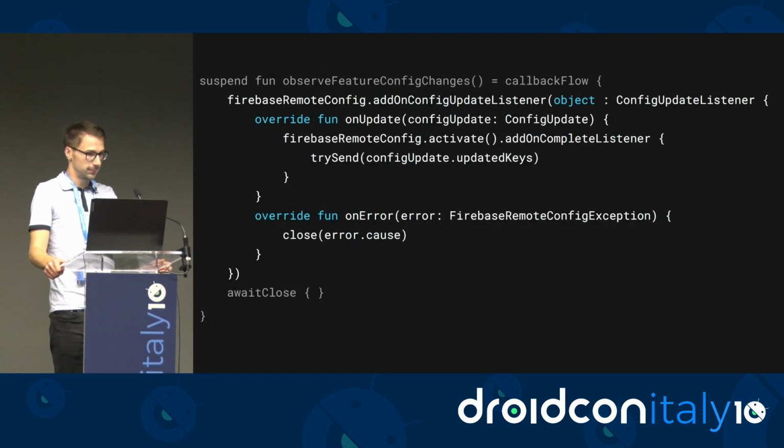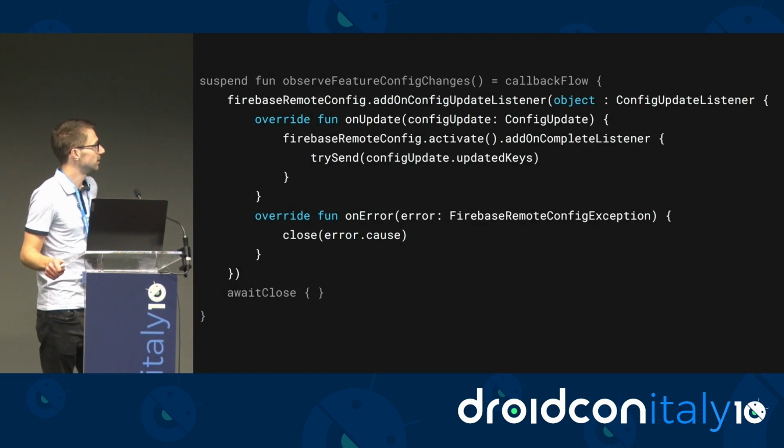So how do you do that? Again, you have this function inside your feature checker class, and we've converted it to a flow, because Firebase only provides a callback based solution.